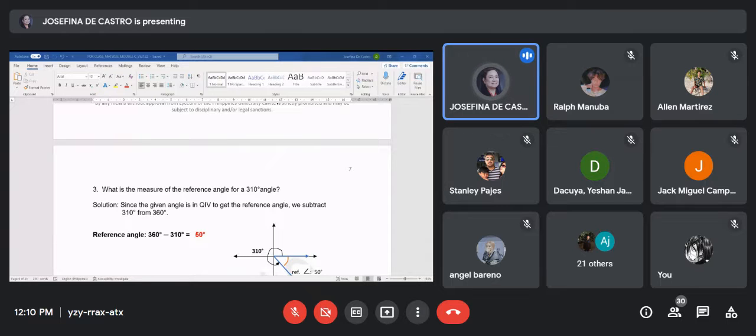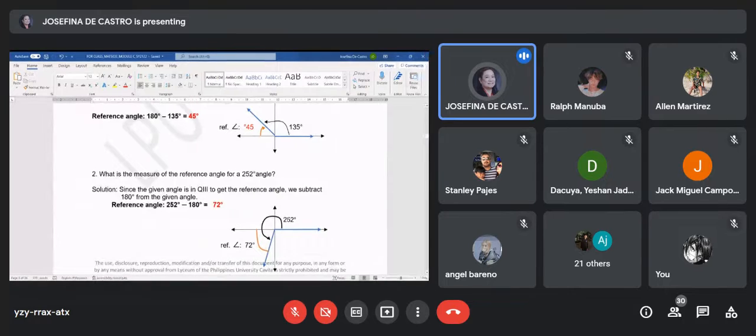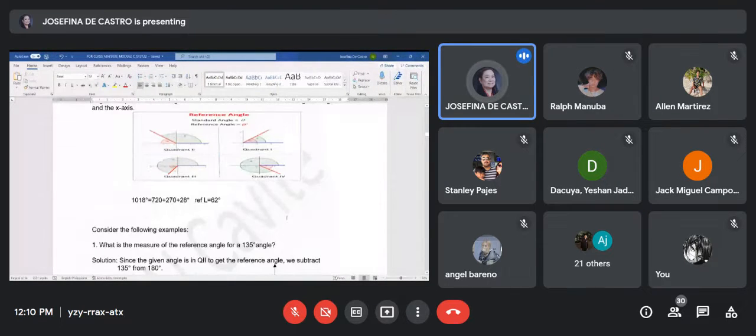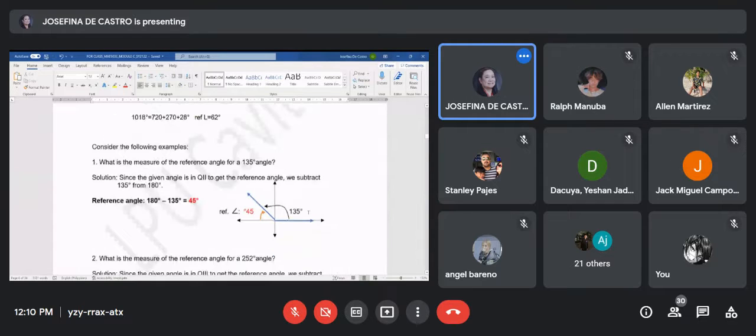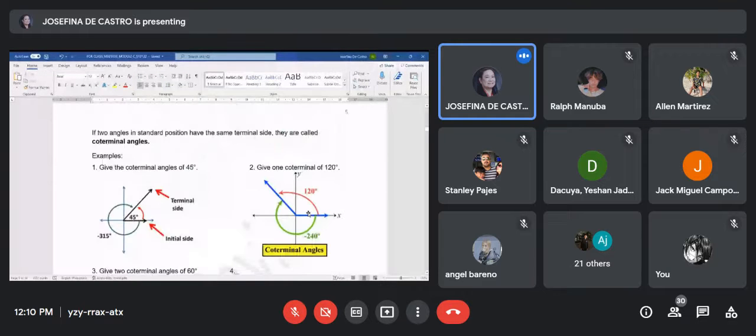So that means when you put the angle in the Cartesian plane, you have the axis as 0 degrees, 90 degrees, positive y-axis yon. 180 degrees is the negative x-axis. And then you have 270 degrees, terminal to.